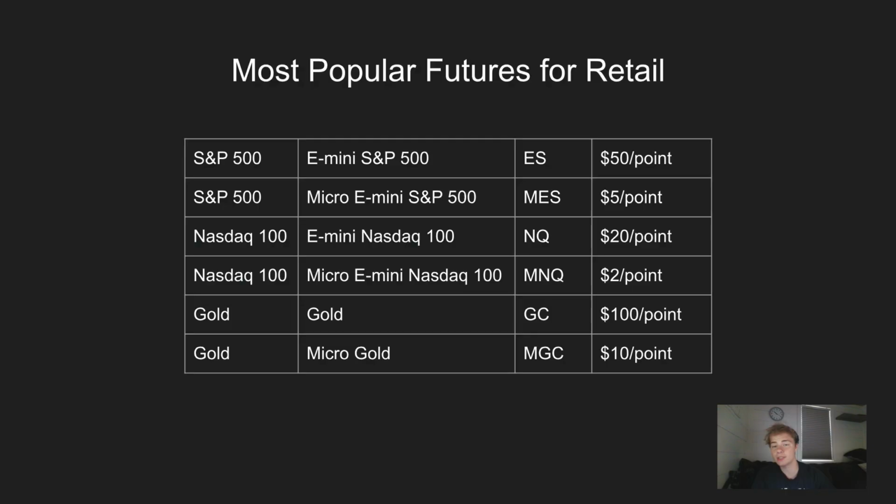So we call them micros, and then we call these ones mini. E-mini S&P 500 is ES, and then micro is MES. So just minis and micros. It's common terms you'll hear talking about contracts, especially between ES and MES and NQ and MNQ.